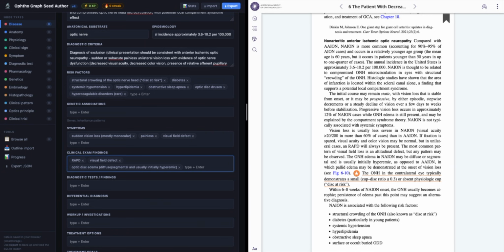Okay. And then another important point is that the contralateral eye has small cup disc ratio less than or equal to 0.3 or absent cup disc at risk.